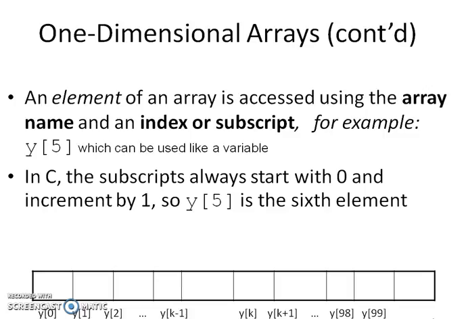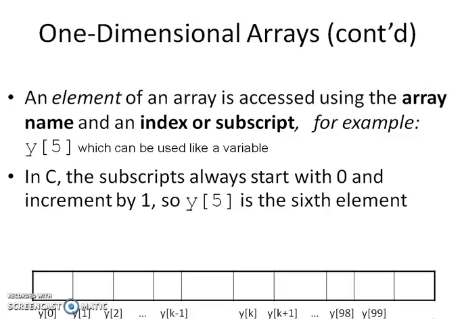An element of an array is accessed using the array name and an index or subscript. For example, we have y[5], which can be used like a variable. In C, subscripts always start with 0 and are incremented by 1. So y[5] is the sixth element.